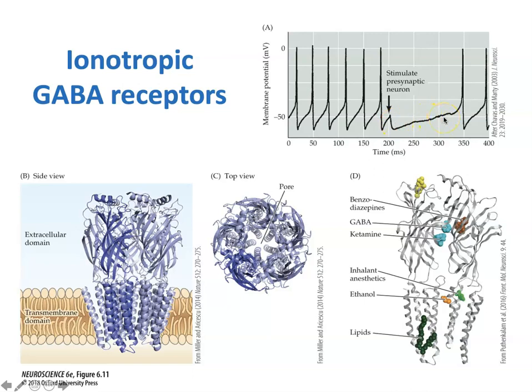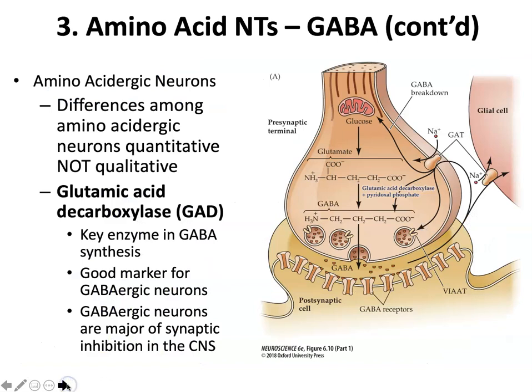And so you can see again the pore that's formed. You have 1, 2, 3, 4, 5 subunits again. So again, looking very much like the ion channels that we've seen already.